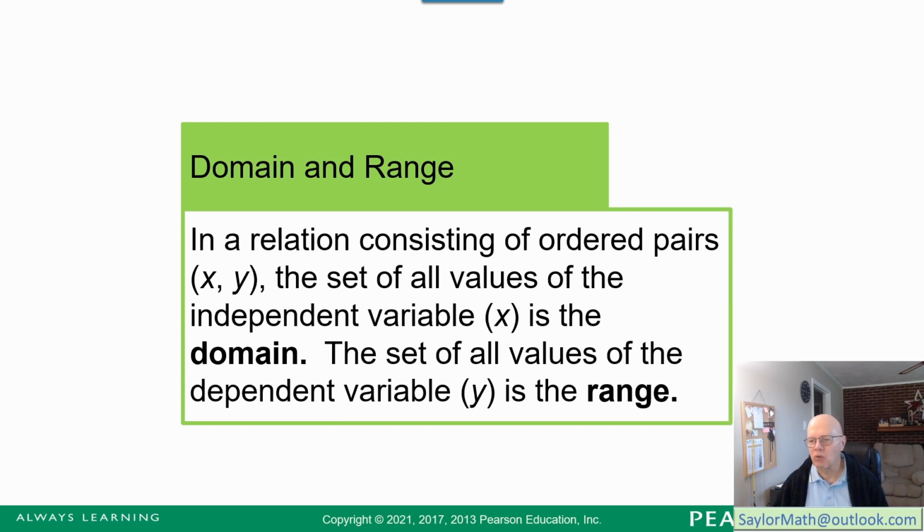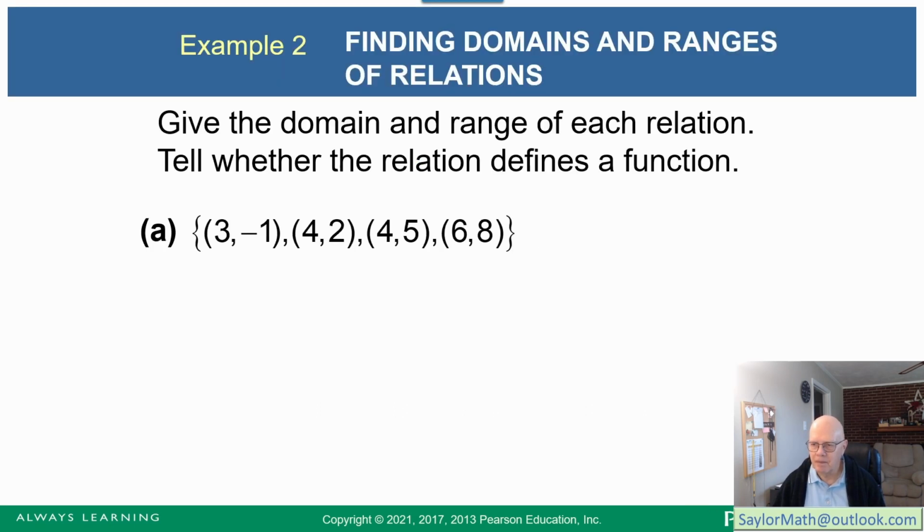Domain and range, real simple. Domain is just a set of all first coordinates, and the range is a set of all y coordinates. So what's the domain and range of this one? Well, we'll just use D for domain.